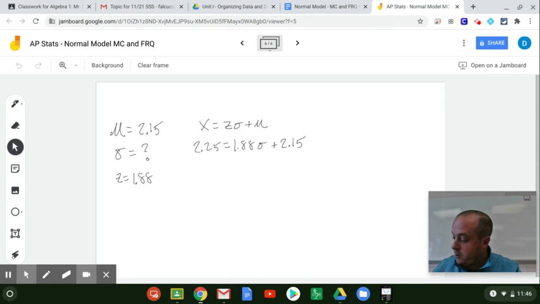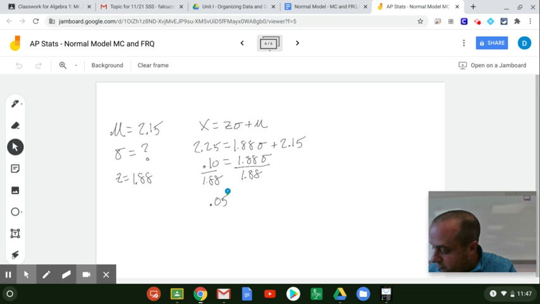Subtract 2.15 from both sides. 0.10 equals 1.88 times the standard deviation. Divide both sides by 1.88. So 0.10 divided by 1.88, and I get a standard deviation of 0.053.